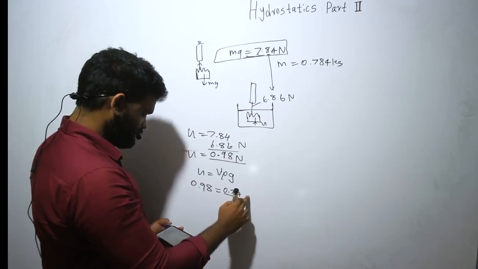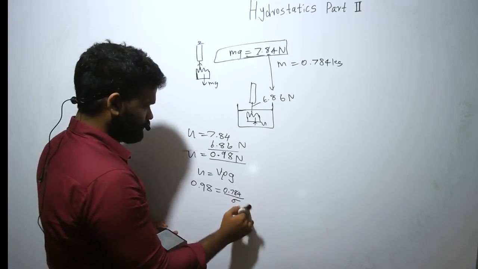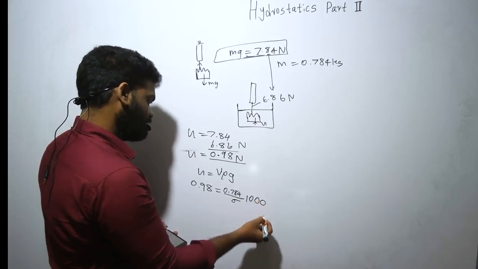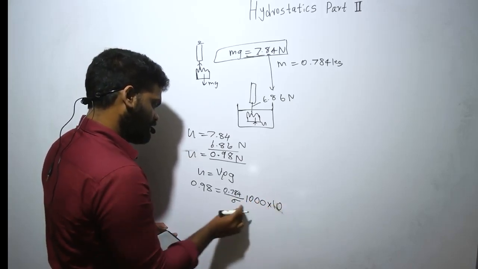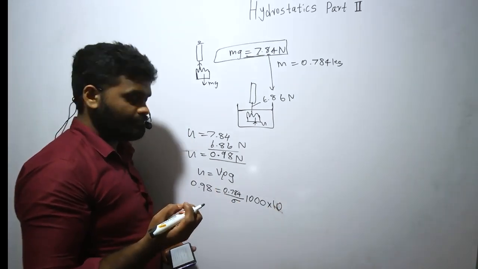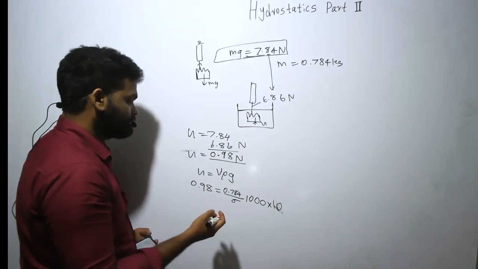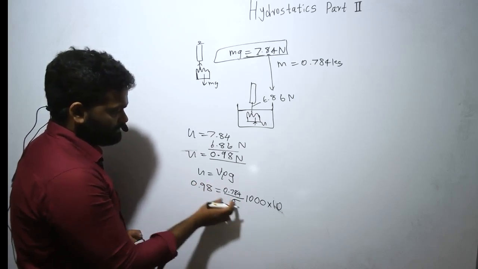Rho is for the liquid. It is water, so you know for the water it is 1000, right? Then you have g, g means 10. So the only unknown is this sigma, which is the density of the crown material. Just take this to this side.